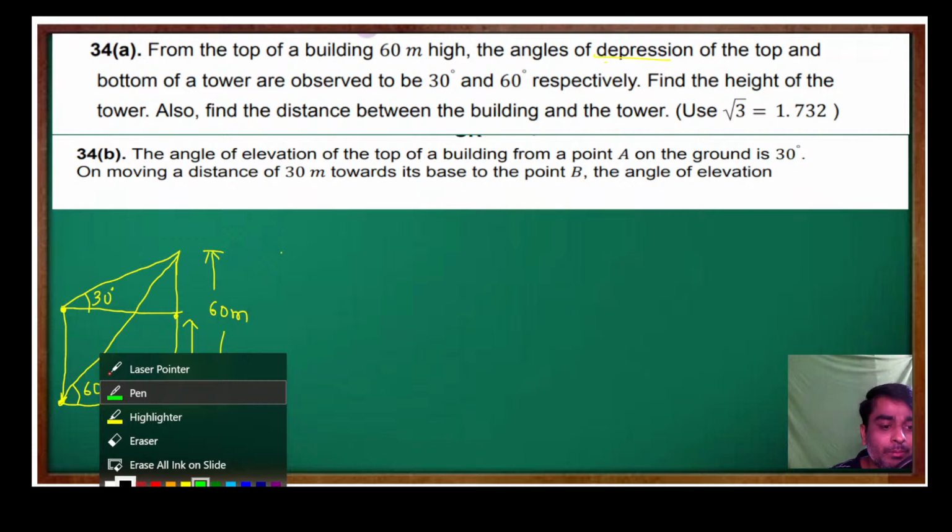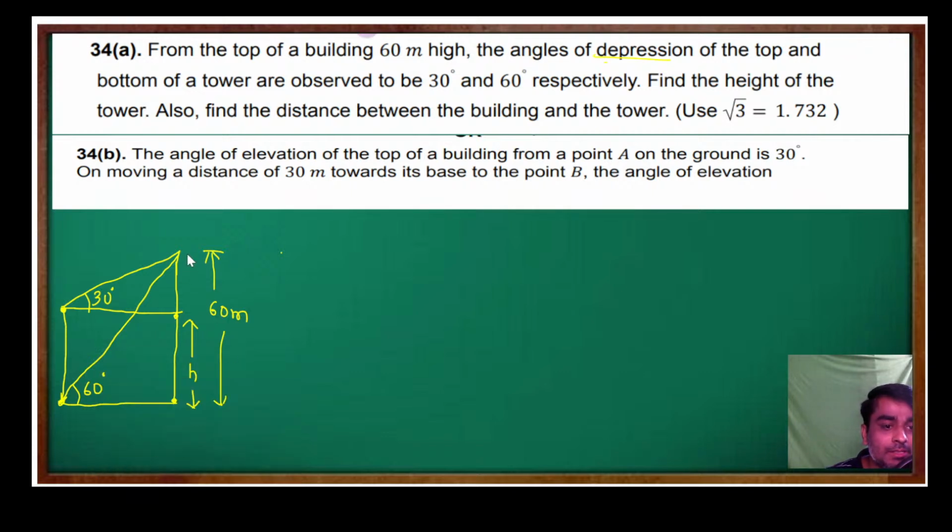This will be 60 minus h. For the upper triangle, height is 60 minus h. Agree? Why 60 minus h? Complete 60 and this is h. So if I remove h from 60, I will get the remaining part.